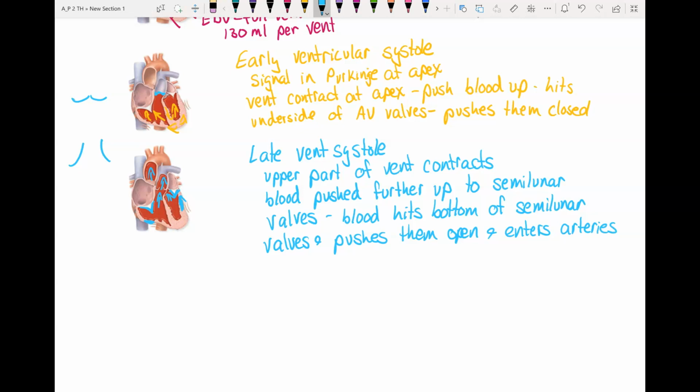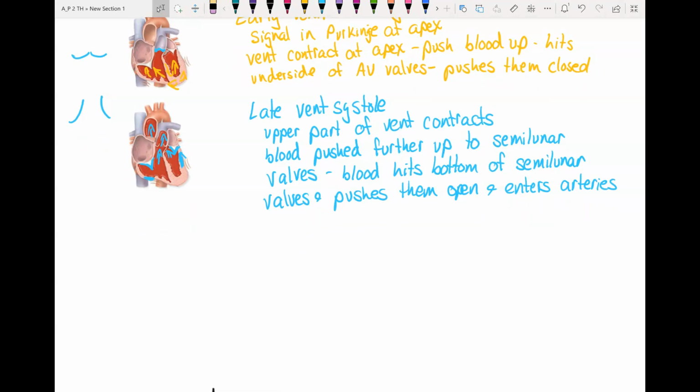And the amount of blood that enters the arteries is the stroke volume. And in general, this is 70 milliliters per ventricle pumped into an artery.